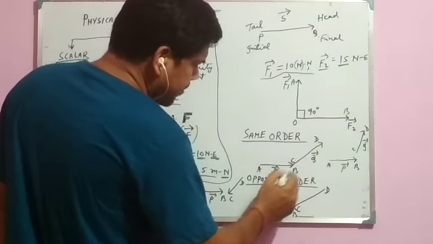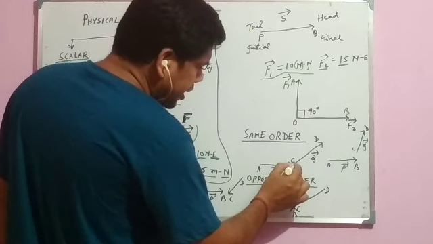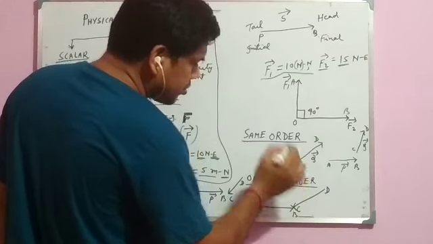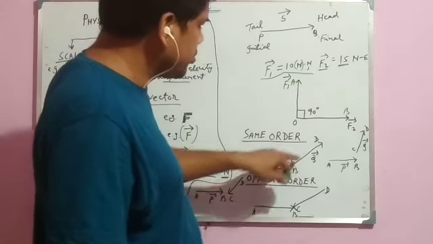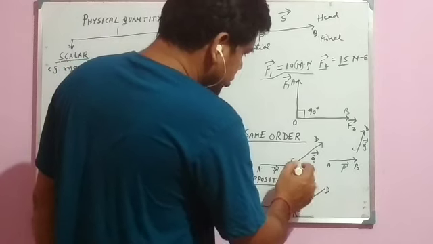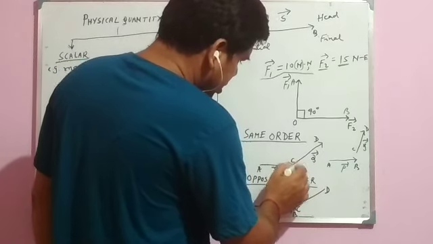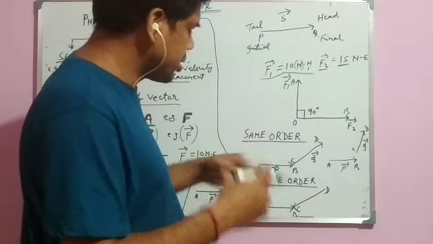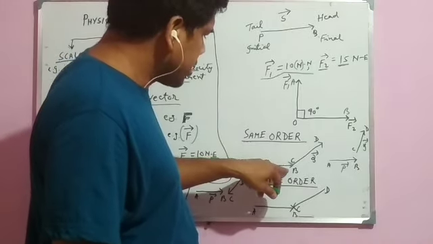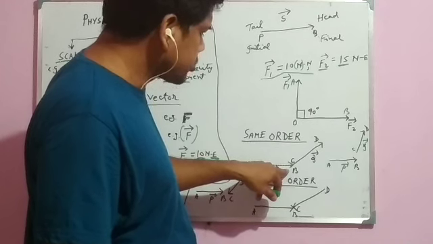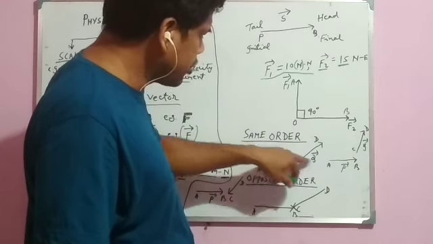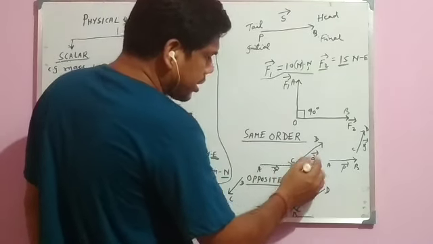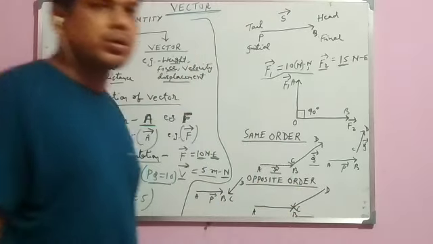See here, the head point of the P vector is B, and the tail point of this Q vector is C. Now you see B and C points coincide with each other. It means the head point of the P vector coincides with the tail point of the Q vector. So we can say that this P vector and Q vector are in same order.